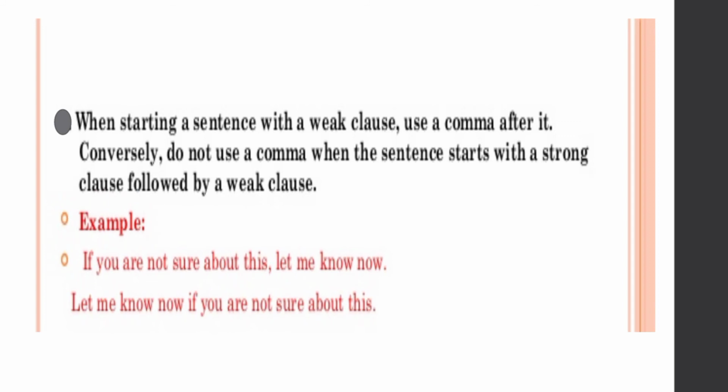In the first example, we have used a comma after the clause, if you are not sure about this. It is starting with a weak clause, so we are using a comma. Then in the second example, it is starting with the strong clause followed by a weak clause. So we are not using a comma in the second example.